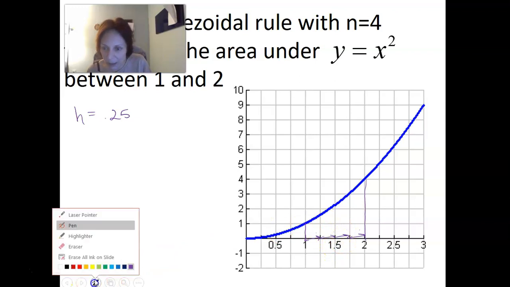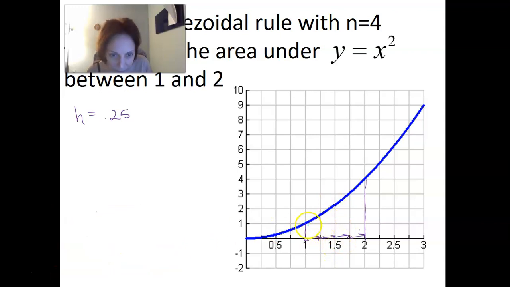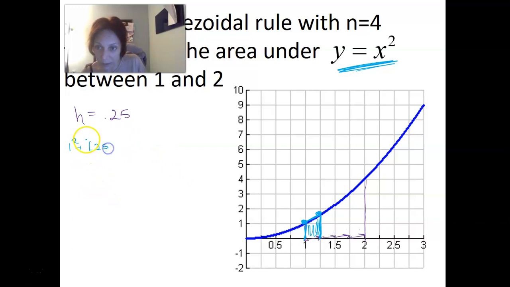So when I come in here and I try to draw my trapezoids, my first trapezoid is going to look like this. And notice how tightly this thing hugs the curve. If I want the area of that, that's going to be this height right here, which is, using our function, 1 squared, plus this height right here, which is 1 1/4 squared, so 1.25 squared.